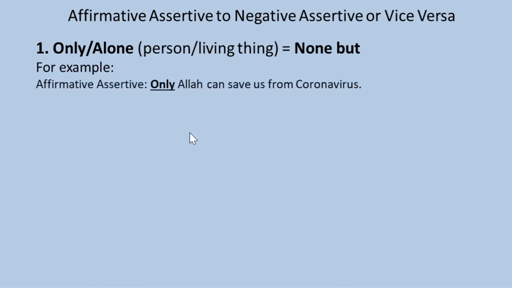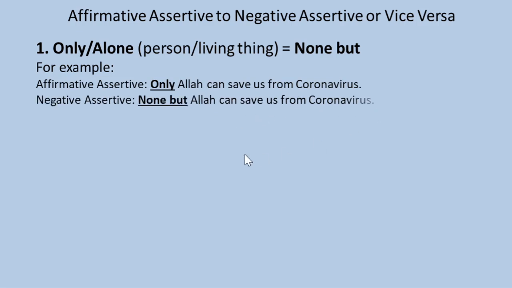For example, affirmative assertive: only Allah can save us from coronavirus. Negative assertive: none but Allah can save us from coronavirus. So instead of only we can use none but if only refers to a person or living thing.